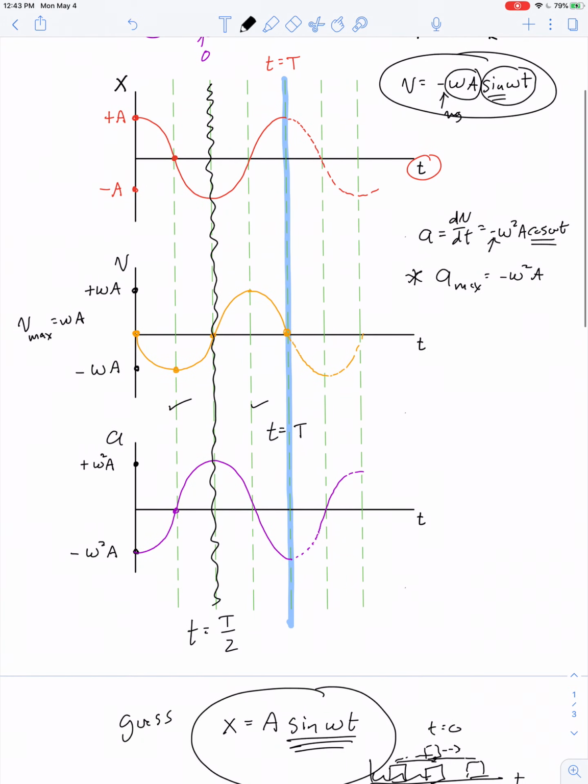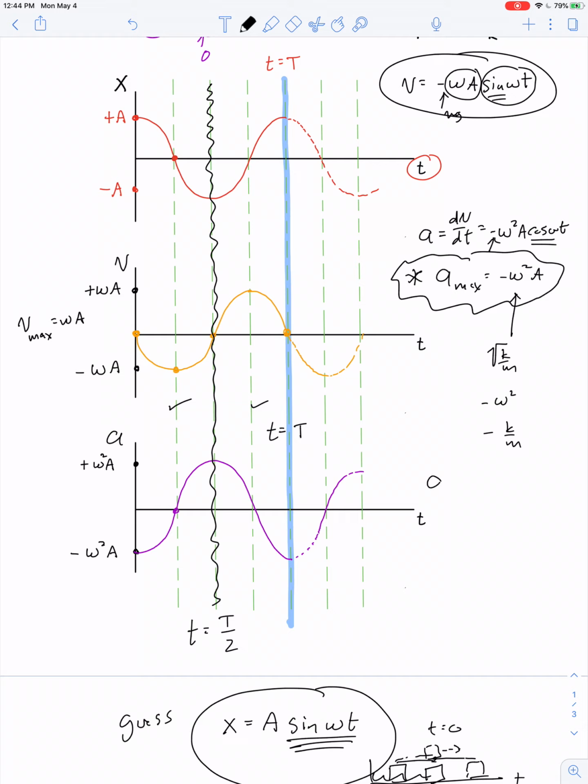Oh, and by the way, we said we'd return to this equation. Well, remember what omega is. Omega is the square root of k over m. So negative omega squared is negative k over m.